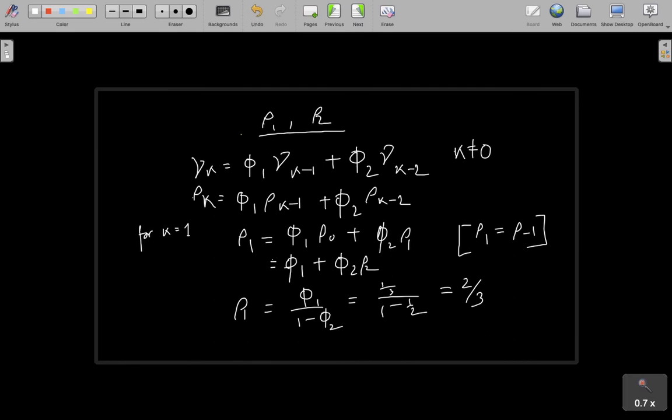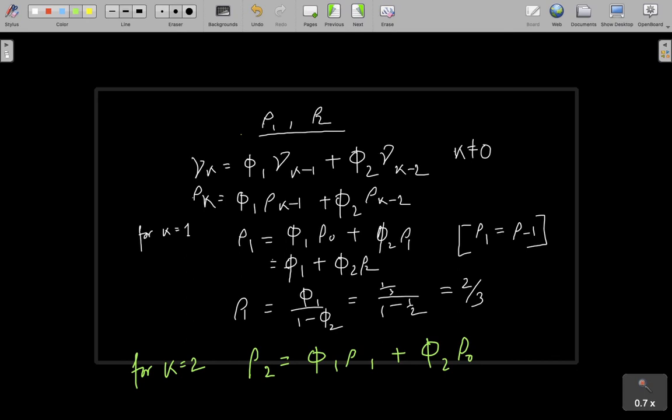Now I have to get the value of rho 2. So let me use a different color here, okay? For k equal to 2, I get rho 2. In this equation, rho 2 is equal to phi 1 rho 1 plus phi 2 rho 0. Rho 0 is equal to 1, right?